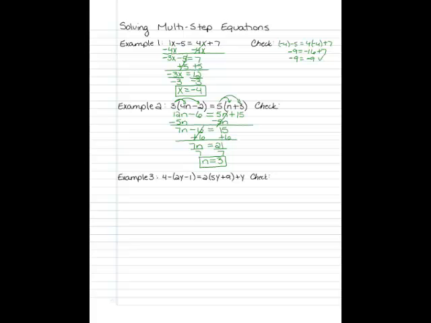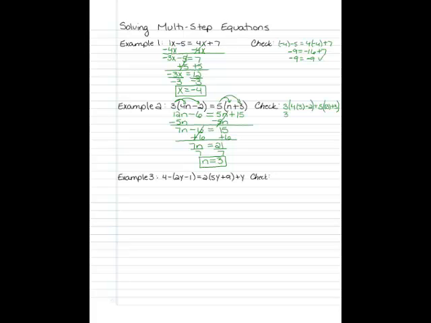Now to check this, same as before, plug it in. We have 3 times 4, instead of n, we're going to write 3, minus 2 equals 5 times, instead of n, we're going to write 3 plus 3.